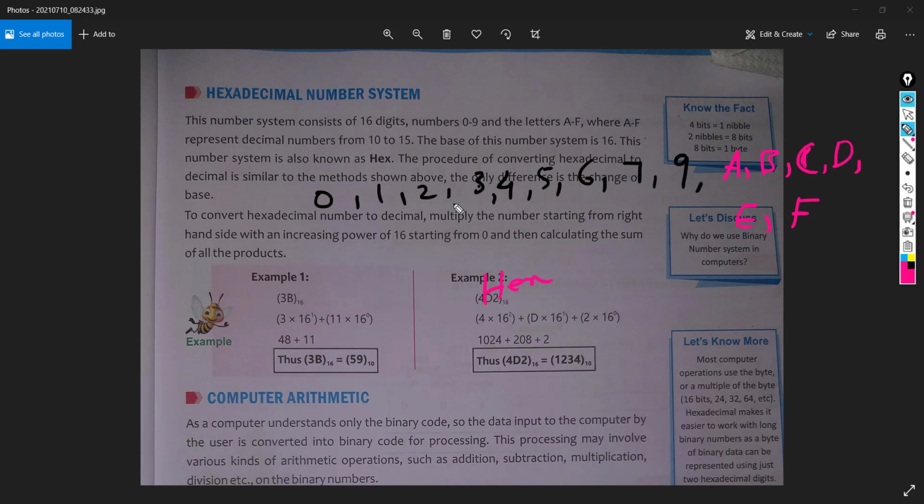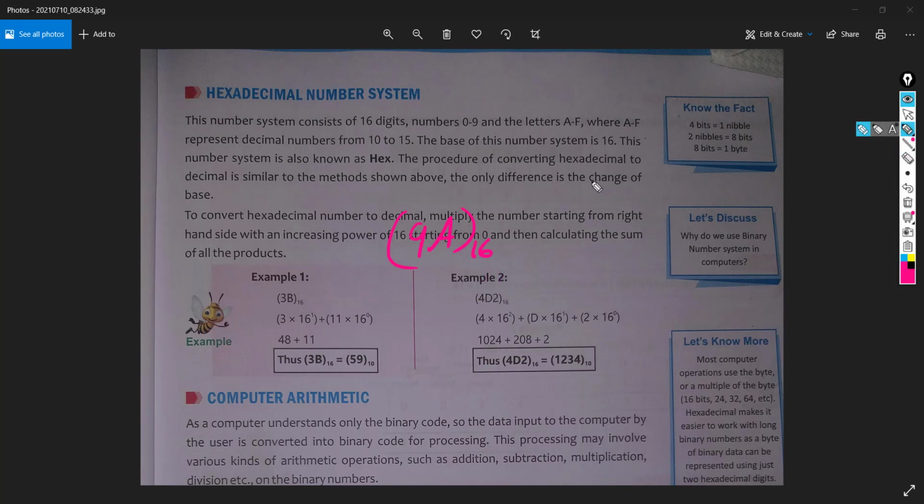Then we write a hexadecimal number like 9A with 16 as the subscript. Why do we write 16 as the subscript? In order to say it is a hexadecimal number system, we can understand from the 16 that it is hexadecimal. So it's also known as hex.